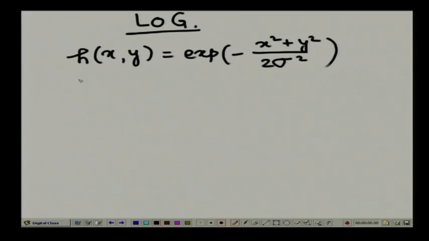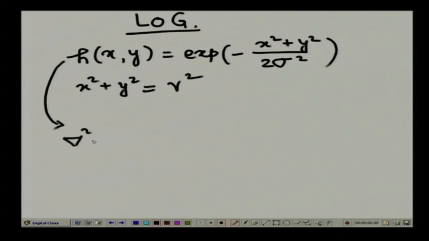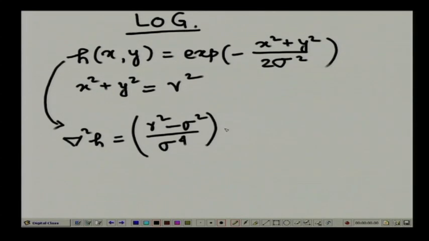Now, here if we set x square plus y square equal to r square, then the Laplacian of this h, that is del square h, can be written in the form r square minus sigma square upon sigma to the power 4 into exponential of minus r square divided by 2 sigma square.